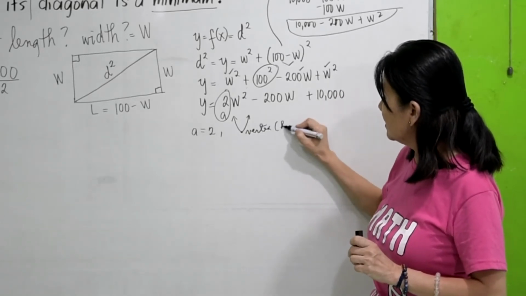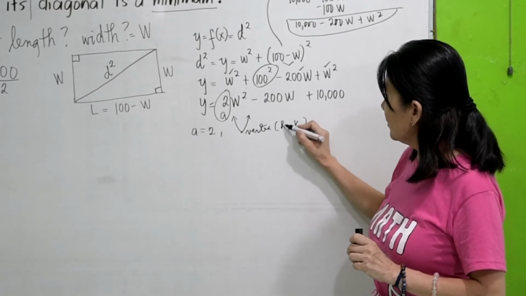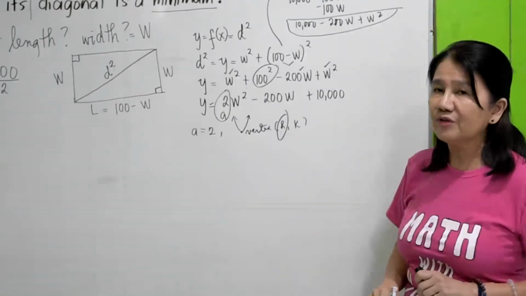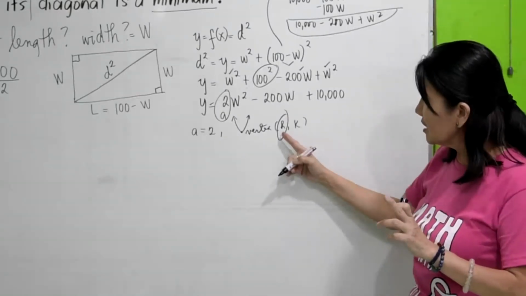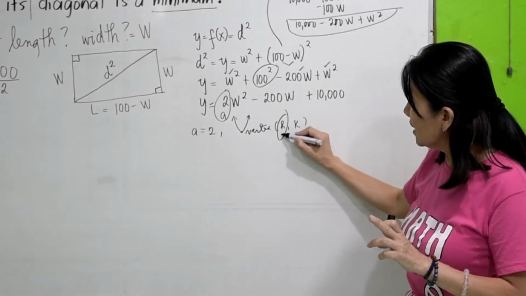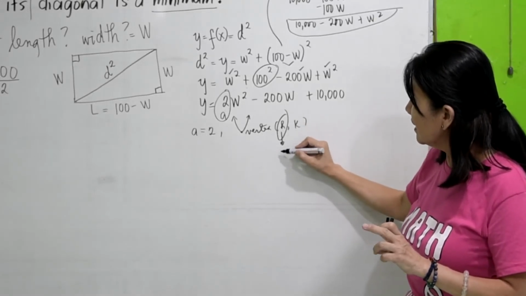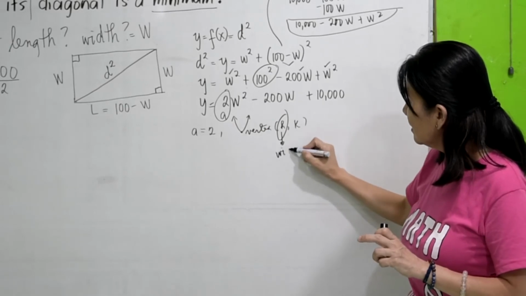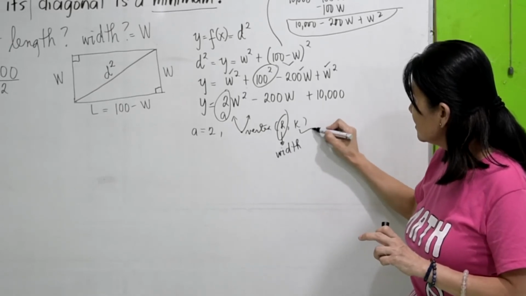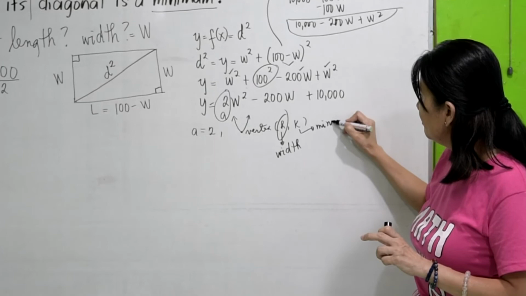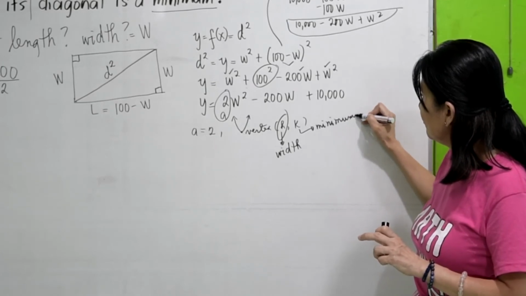So we have here h and k, but we are only interested in solving for the h. The h is the width here, and the k stands for the minimum value.